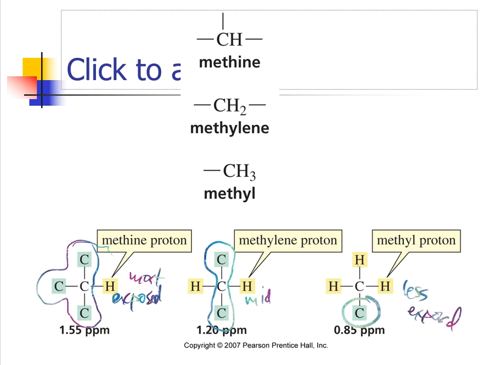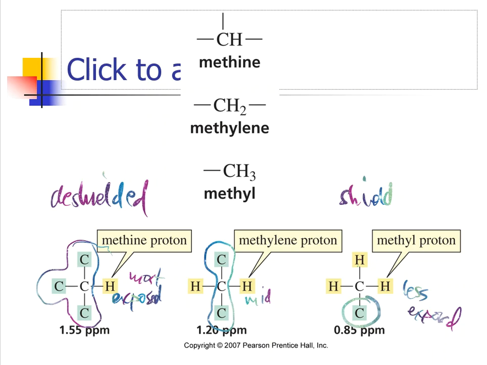I can talk about this in terms of shielding as well, because this looks like this is on the Upfield side of the chart. It's closer to the 0. And we've already said these are shielded and these are going to be deshielded. So the question here is, why is this happening? That's kind of strange, right? I mean, at first glance, it looks like this carbon with that proton has 3 carbons on it.